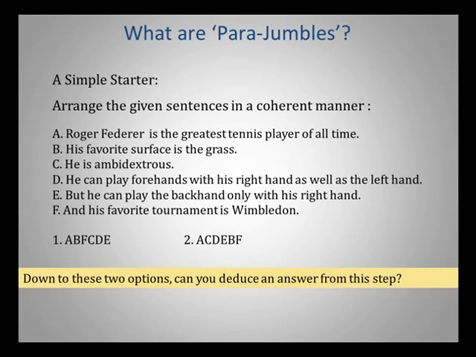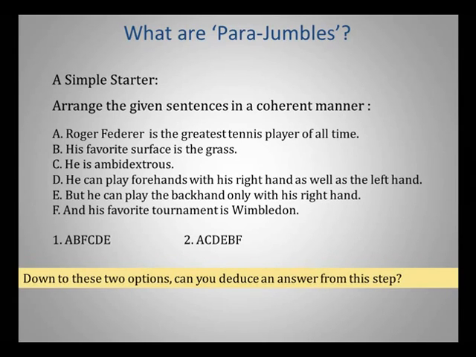Can you deduce what should be the answer from this step now? Let's analyze the two choices once again and see which one emerges as the best answer option. We have already identified a good opener. When I say opener, I'm talking about the introductory sentence. The introductory sentence of the paragraph has to be A, because that is introducing who this person is.